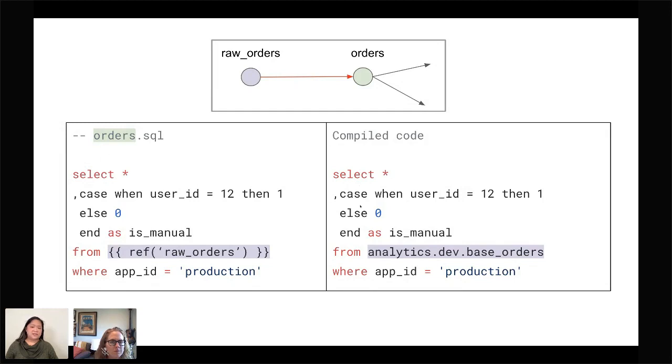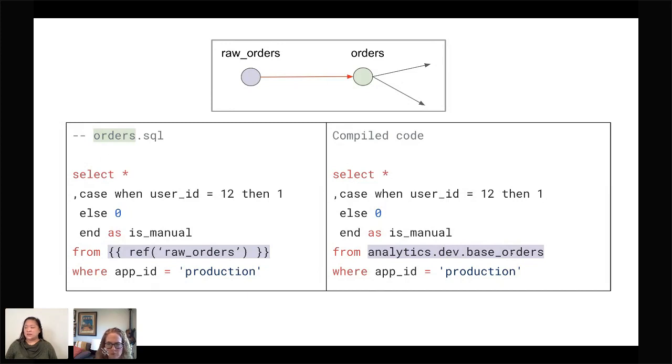When it compiles, this is what it looks like. It's all the same, but dbt, as we said, knows whether you're in dev or prod. So it's going to take from the warehouse and put into the schema. In this case, say we're working on development on our machines. It will say, I know that I'm in dev, so let me put dev here, and then I know it's from base orders.